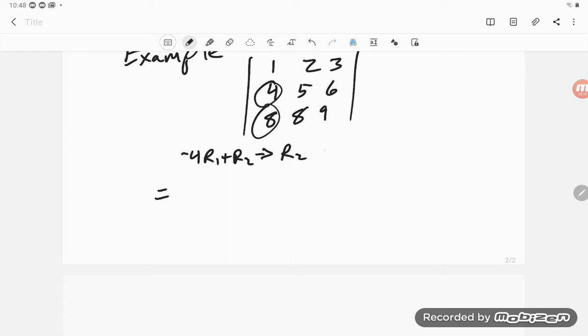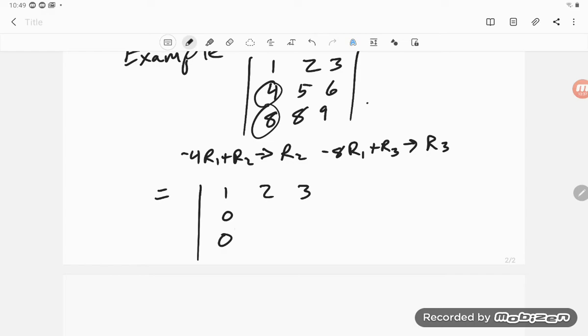And we take -8 times row 1 added to row 3 and place that into row 3. Well, so when we do those two things, the determinant doesn't change. So this determinant up here is equal to 1, 2, 3.